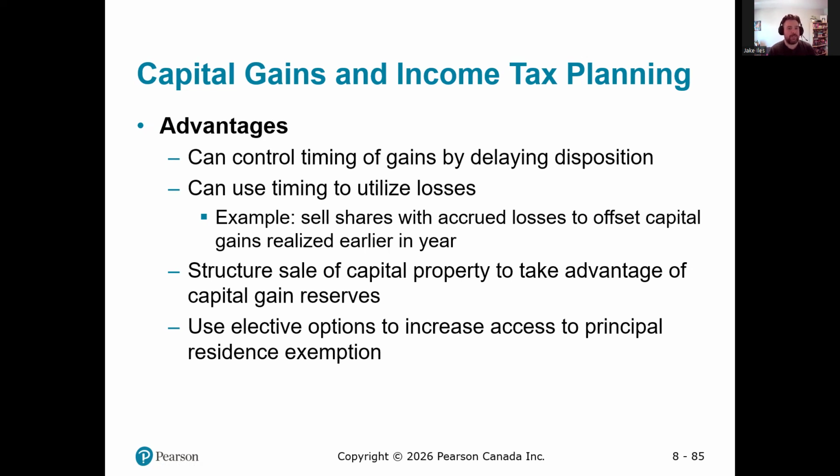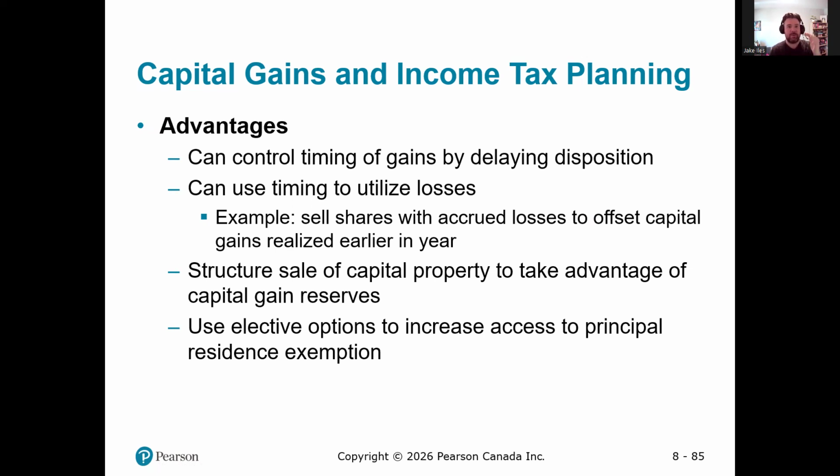So there's a couple things we can do. We can hold on to our capital gains until there's a year, especially if we see one coming, where our income's going to be low. Let's say I took a paternity leave. So using EI, I'm going to go on paternity leave, and EI, I think, covers 55% of a salary for a year. So I know next year my income's going to be 55% of what it was.